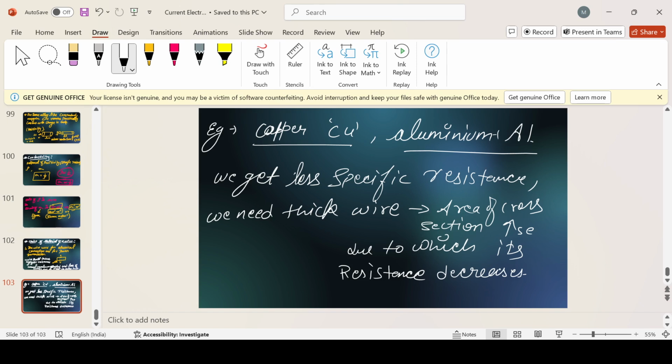Getting my point? Okay, so if we take the thick wire and we also get less specific resistance, we get a very small amount of resistance in it.